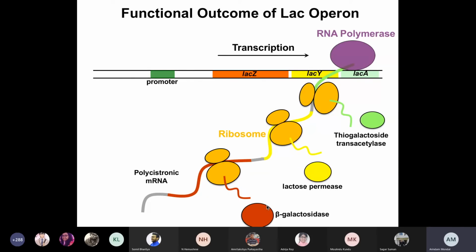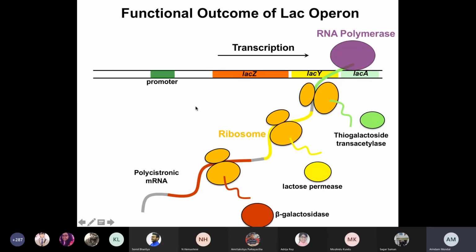So if this promoter is on, all of the proteins will be synthesized and the cell will be utilizing lactose as an energy source. That means all you need to do is switch this particular promoter on or off. If there is glucose, you need to keep the promoter in the off mode so that there will be no transcription, no synthesis of polycistronic mRNA, and hence no synthesis of these proteins.